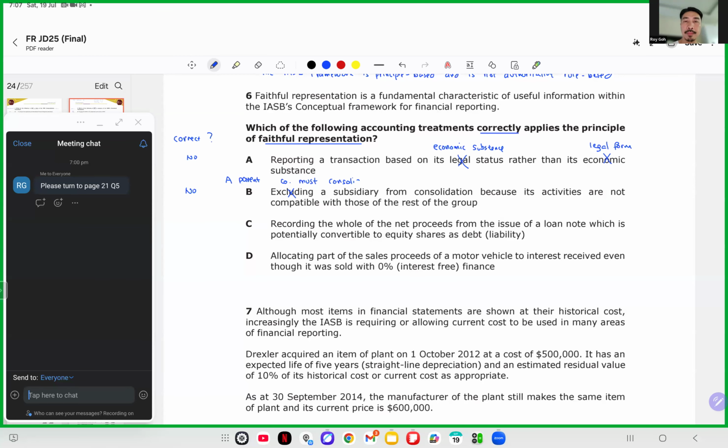A parent company must consolidate its subsidiary, even if it's in a different industry. So if you have a service company and a manufacturing company, but they're in a parent and subsidiary relationship, you have to consolidate them.